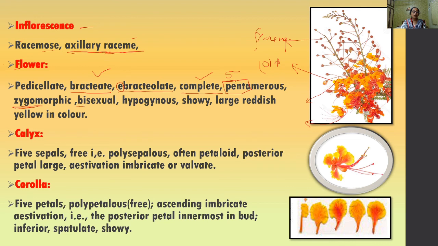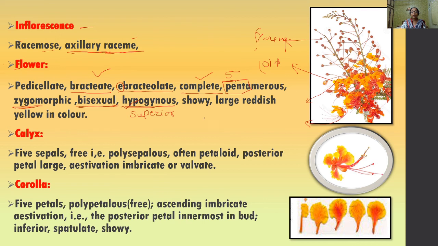As it consists of both androecium and gynoecium whorls, we call the flower bisexual or hermaphrodite. In this case, the ovary is present above the thalamus and all other members come from the lower part of the ovary. The ovary is superior in nature, so we call this flower a hypogynous flower.